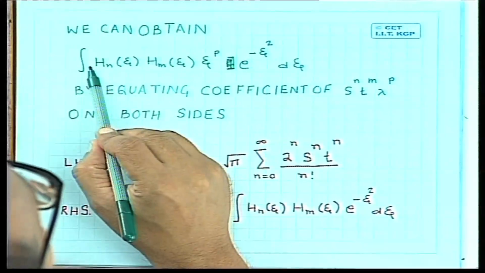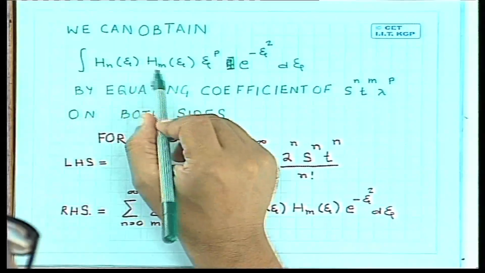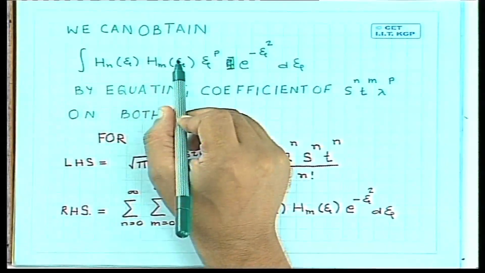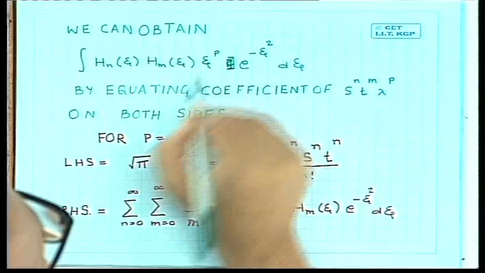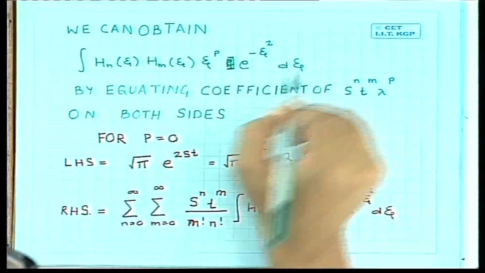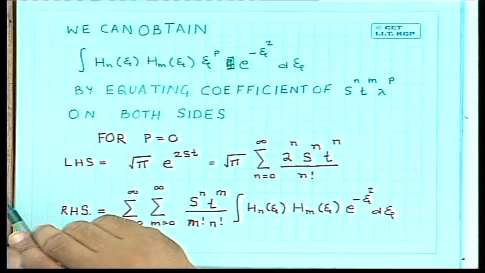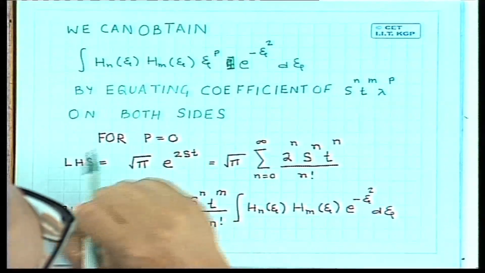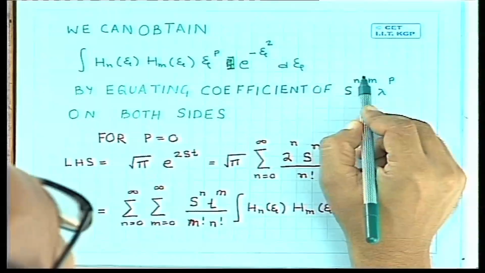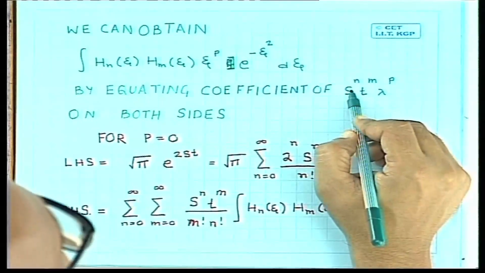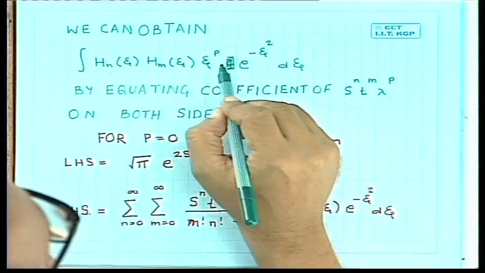Let's say we want to find out what is the integral of H_n(xi) H_m(xi), the product of two Hermite polynomials of different orders n and m, times xi to the power p e to the power minus xi squared d xi. Suppose we want to evaluate this integral. We can obtain this by equating the coefficients of the corresponding powers of s, that is s to the power of n, t to the power of m, and lambda to the power of p.